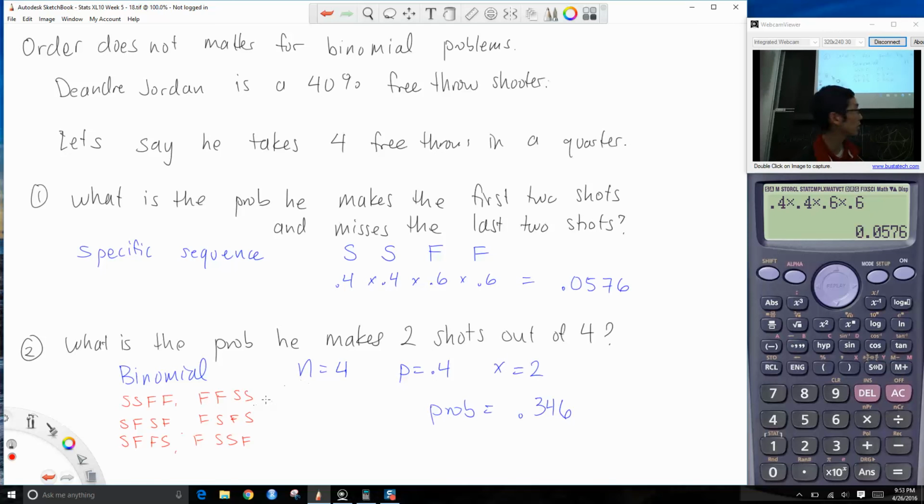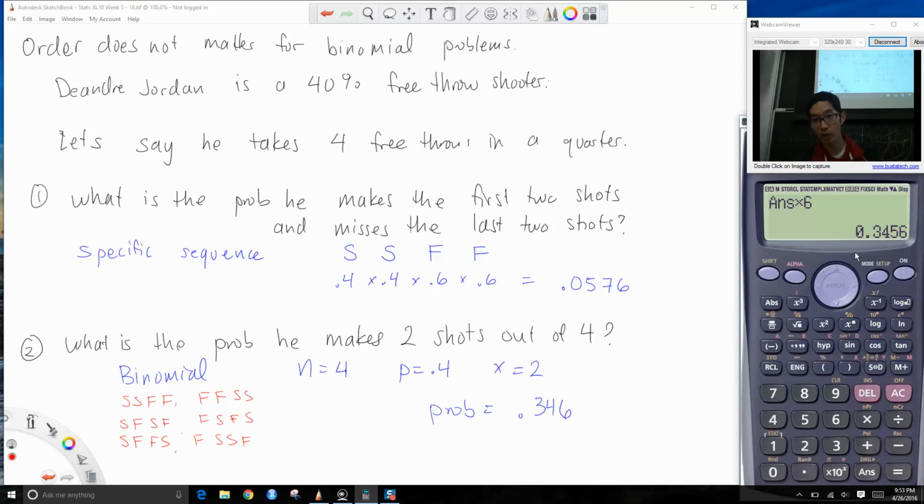So there's 6 possible ways this could happen, and it's actually no coincidence that this number is 6 times this number. If I multiply 0.0576 times 6, I would get this number.